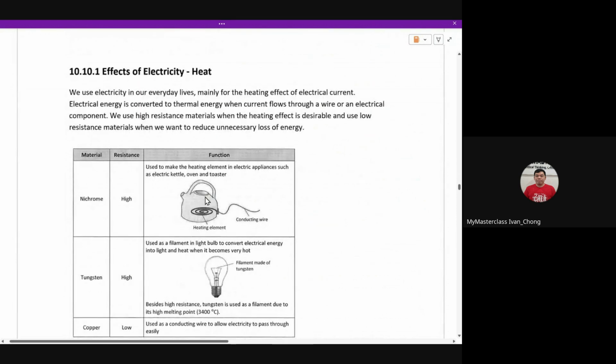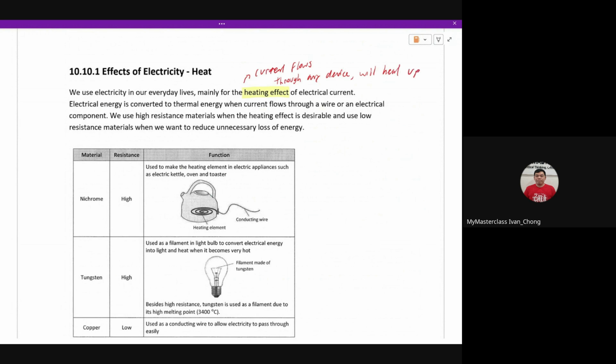So apart from lighting up your light bulbs, we mainly use electricity in terms of what? In terms of heating effect. So basically, you just need to remember when current flows through any device, it will heat up.